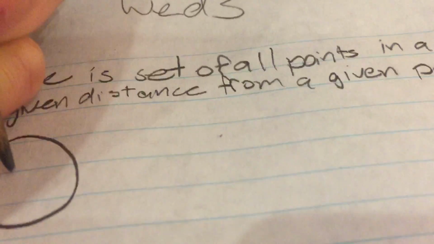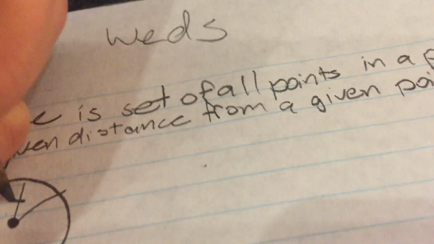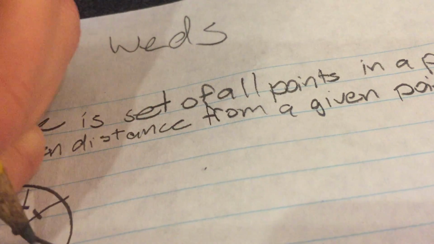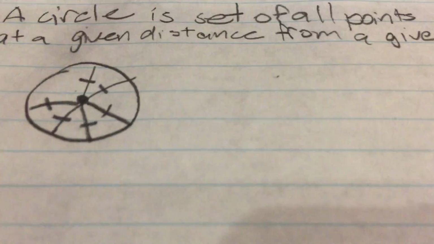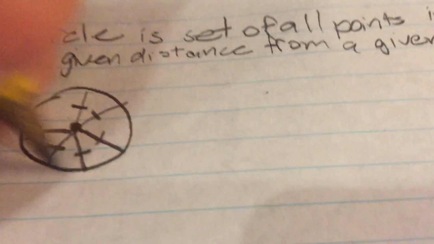Alright, so let's draw a diagram. The circle, this is the center. All of these are the same distance all the way around. Same distance. And this is all a set of points.